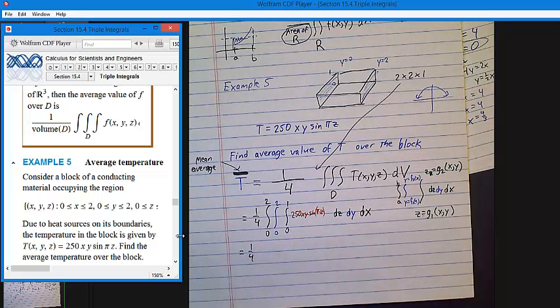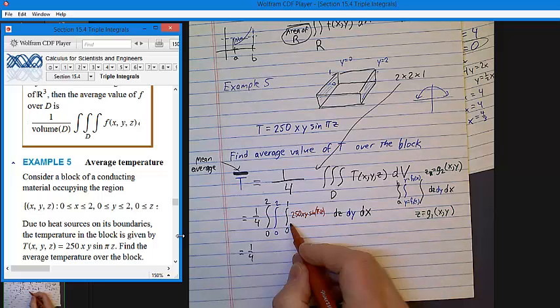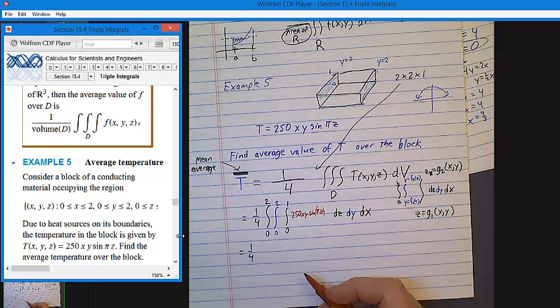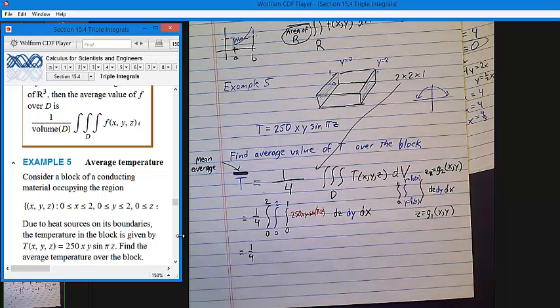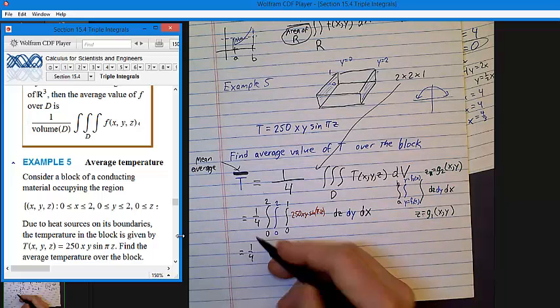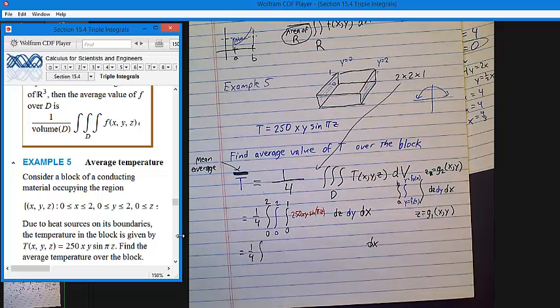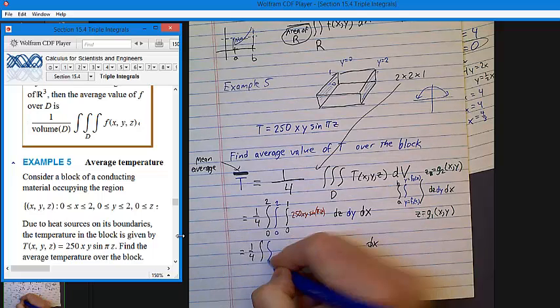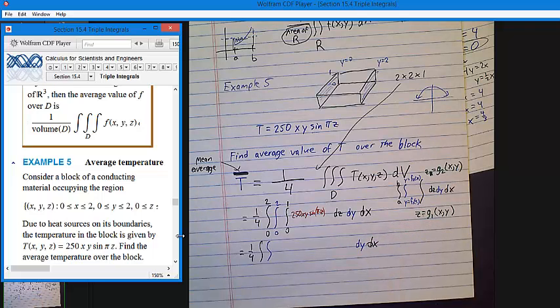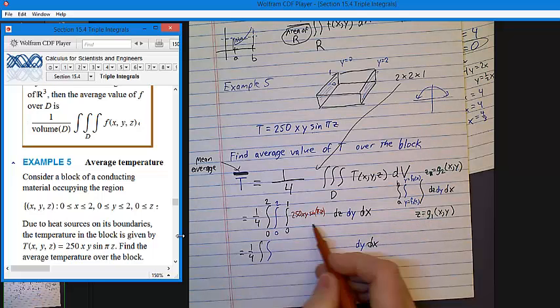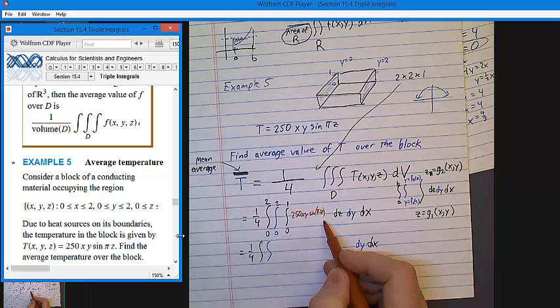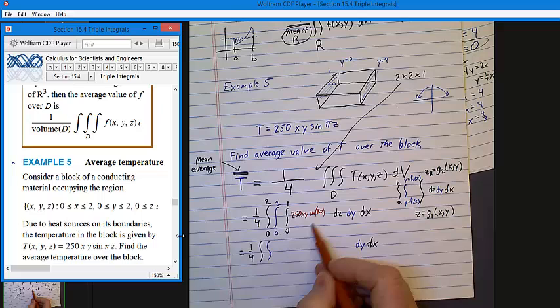Antiderivative with respect to z. Well, the 250xy I'm treating as a constant right now. So let me just write down the black dx, let me write the blue dy, and then let me really work on the inside stuff. When you integrate sine of pi z, you get negative cosine, but you need to divide by pi because of the chain rule.